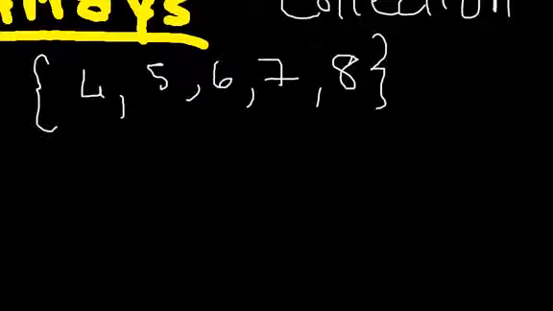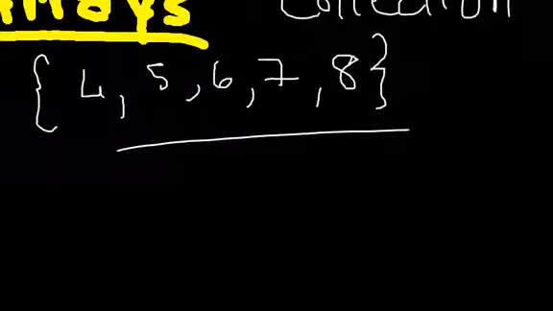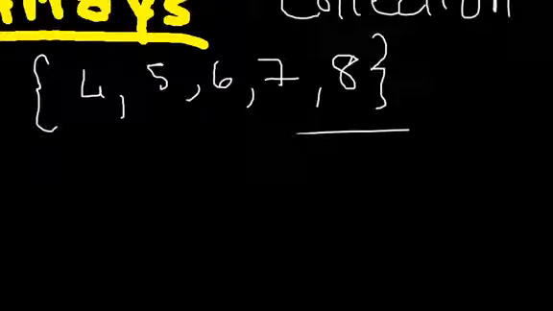Now this is a set. So essentially it has how many elements? 1, 2, 3, 4, 5. 5 elements. Now if this was an array in a computer, it would be numbered 0 through 4.